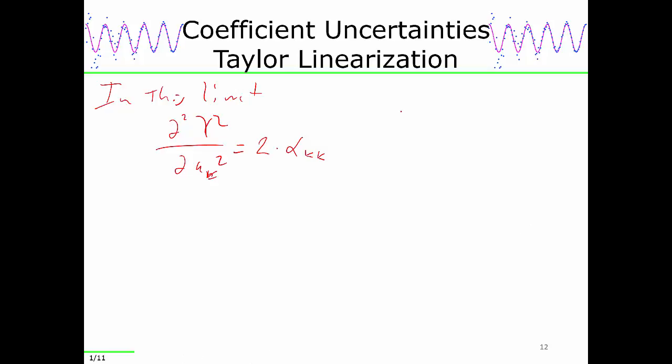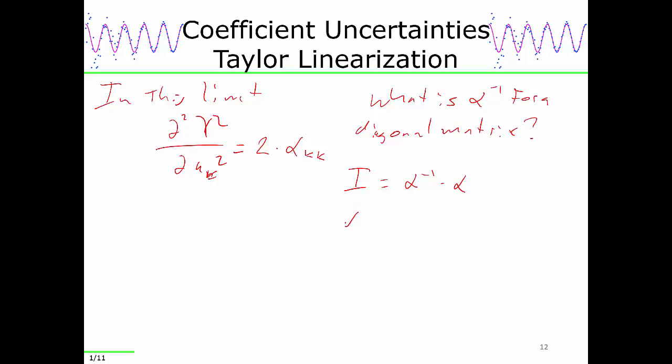So what is alpha inverse for a diagonal matrix? Well, by definition, the identity must equal alpha inverse times alpha, right? If there's no off-diagonal elements, then alpha inverse is 1 over alpha kk.